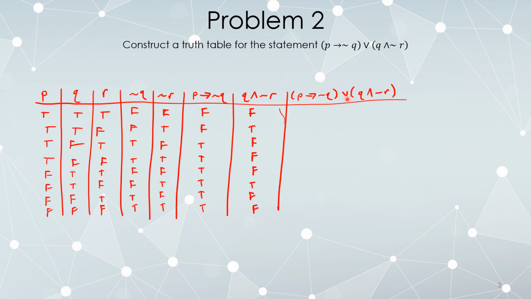Now I've got a disjunction, an or statement, just between these two, which are next to each other. So if either one of them is true, I get a true, otherwise I get a false. So the only row in which we get a false is the first one, otherwise at least one of the two was true.